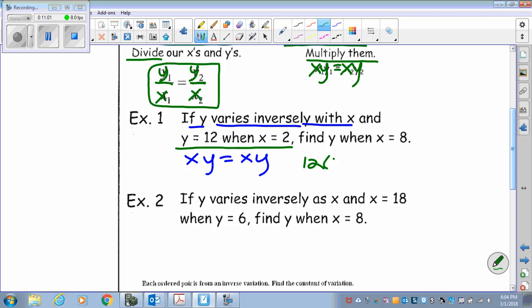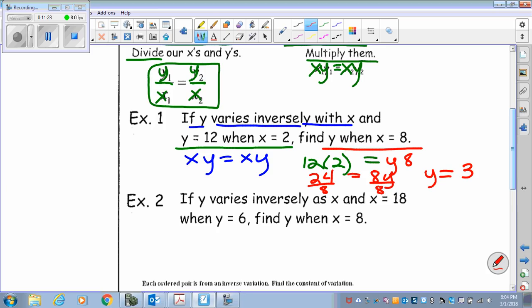So 12 times 2 has to equal, well, I don't know what this y is, when x is 8. All right, so I have y times 8 equals this, right? So that'd be 24 equals 8y. So I'll divide by 8, and so y equals 3. 24 divided by 8 is 3.